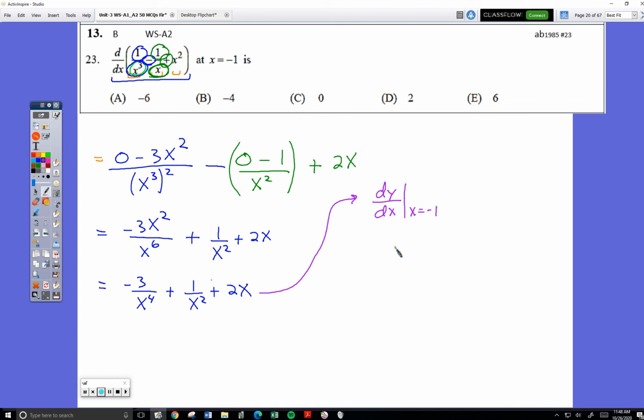So that's going to equal... a second to catch up in your notes.